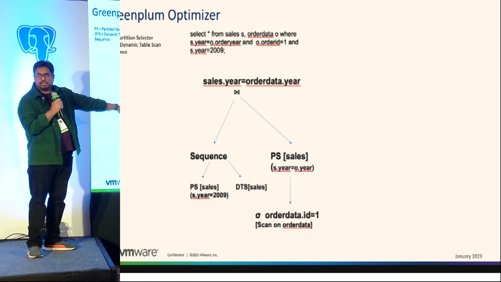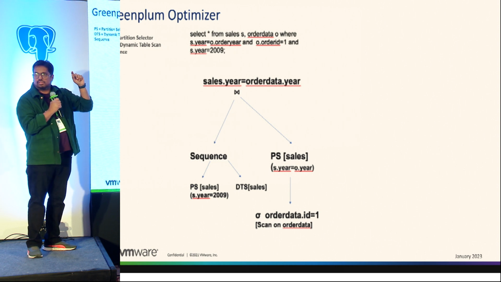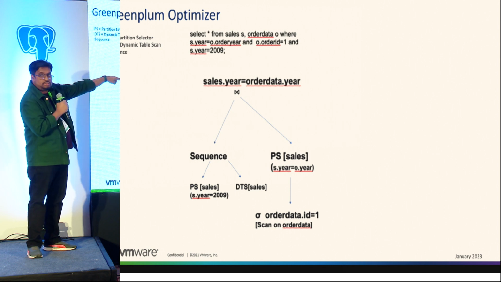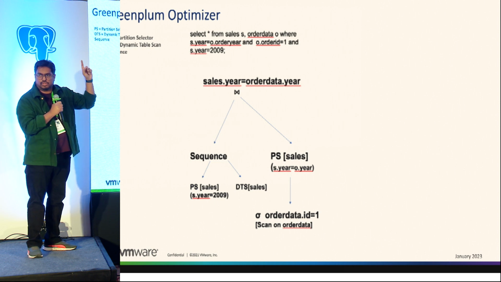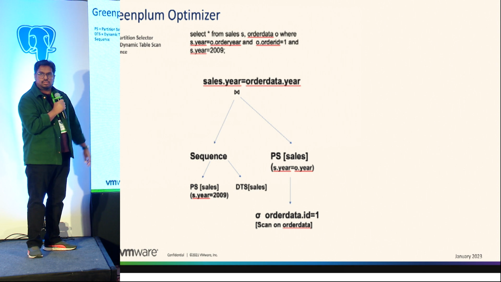The DTS now takes a look at a more convoluted list of partitions based on these 2 conditions and feeds them to the hash join, right? And then the hash join takes care of it ahead. Any questions on this?